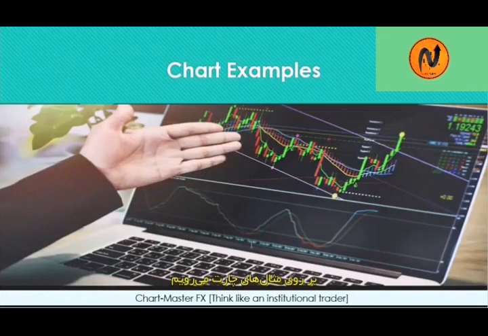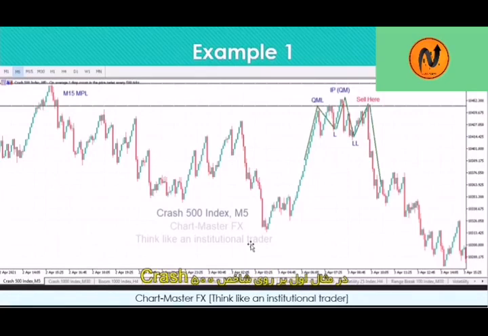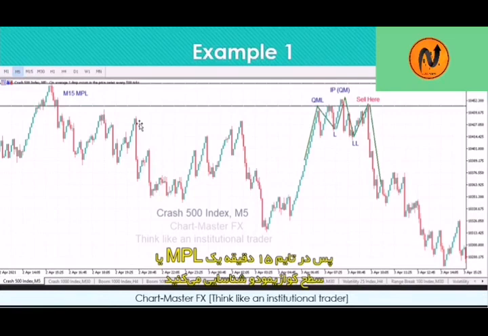So guys, now we are going to our chart examples. This is example number 1, guys. We are on Crash 500 Index M5. Here, the first thing that you need to do, let's say you trade your M5, you check in the M15.